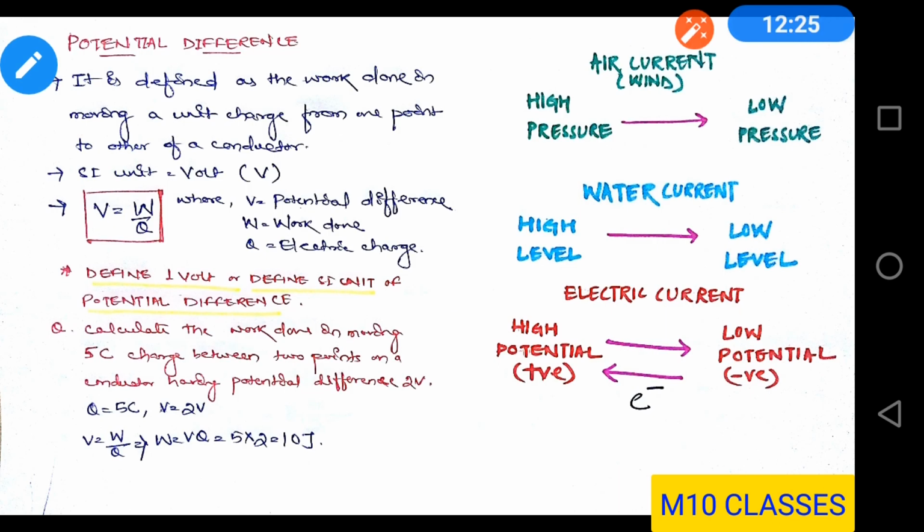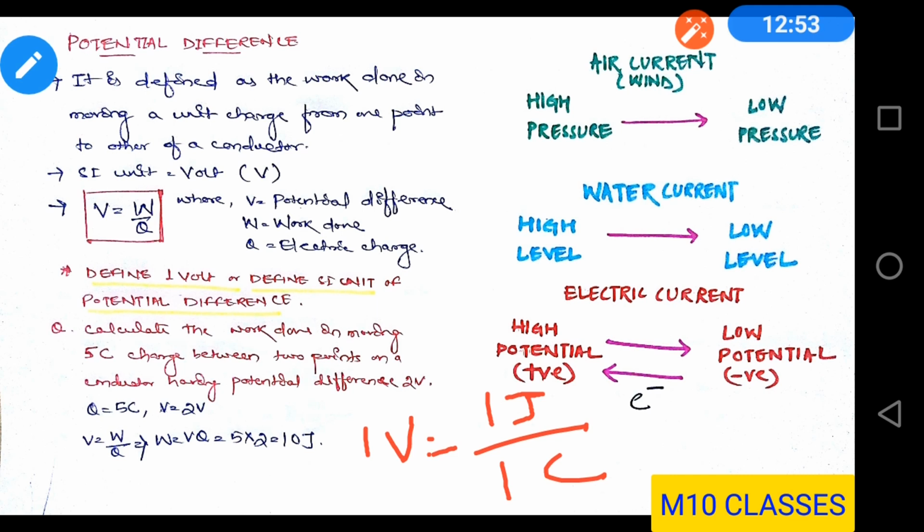Now you can get a question, define 1 volt or define the SI unit of potential difference. As I have discussed for electric current, you have to derive this definition from the formula itself. Now you have V equals W by Q. So 1 volt equals, for work done, the SI unit is joule, 1 joule, divided by, for the charge it is coulomb, 1 coulomb.